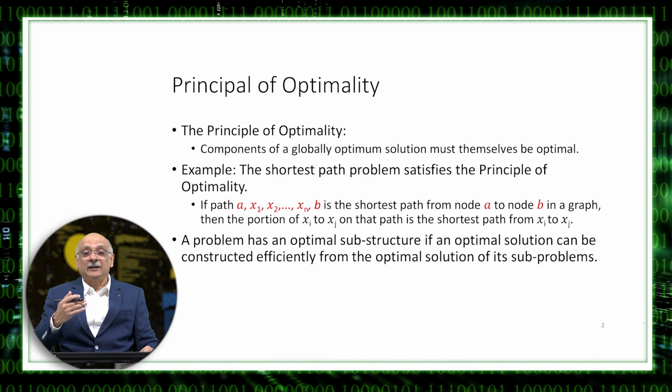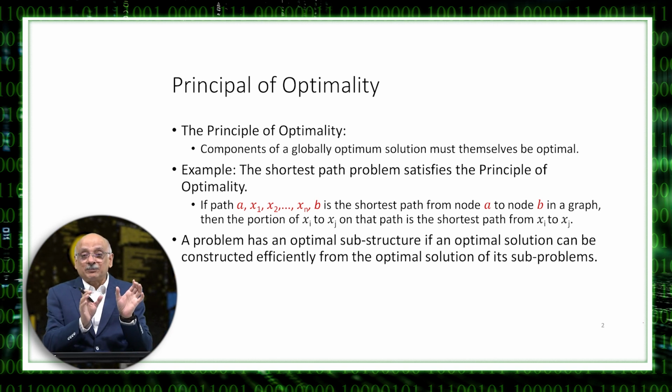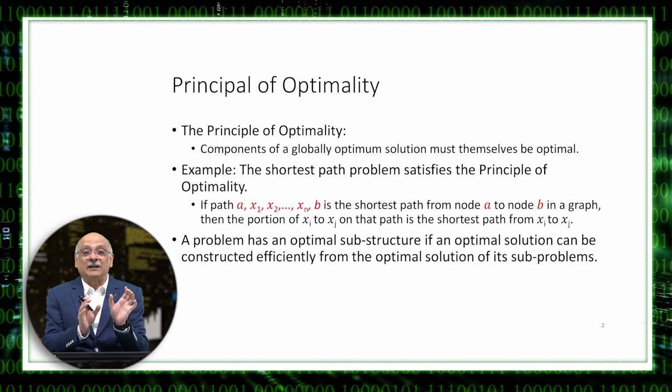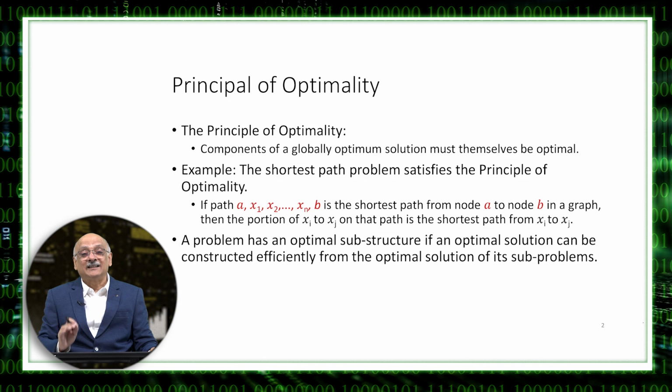If there is a global optimal solution, then each part of that particular solution, or each component of that particular solution, should be optimal. That is the principle of optimality. One of the common examples of a problem which follows the principle of optimality is the shortest path algorithm.